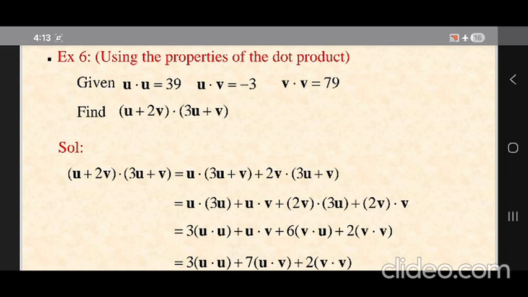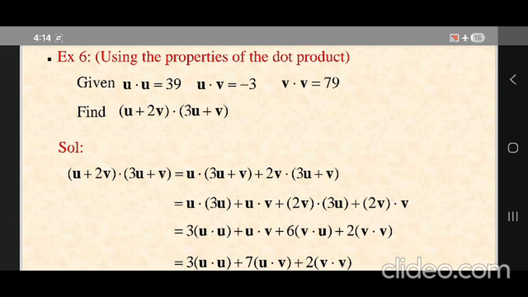Then u dot 3u plus u dot v, plus 2v dot 3u plus 2v dot v.